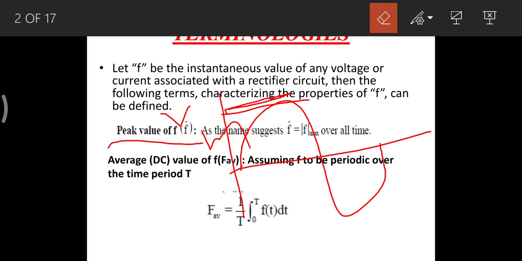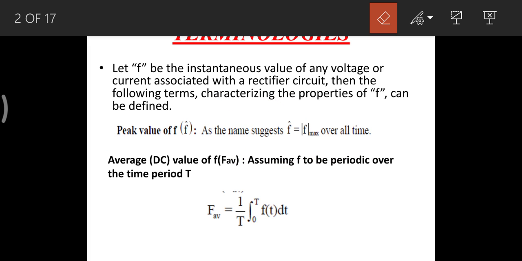Next, the average value, indicated by f average. Here f indicates the function. If we are using voltage, we denote it as V average. If we are discussing current, we write I average.